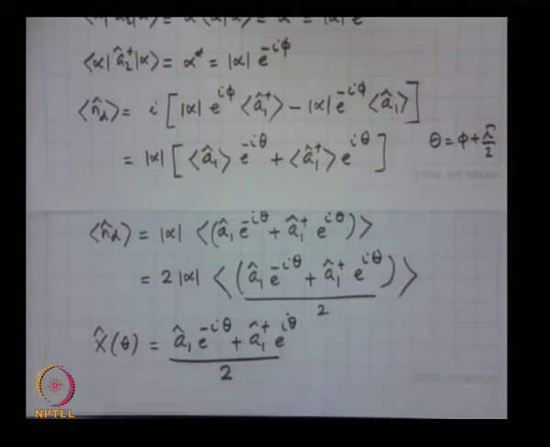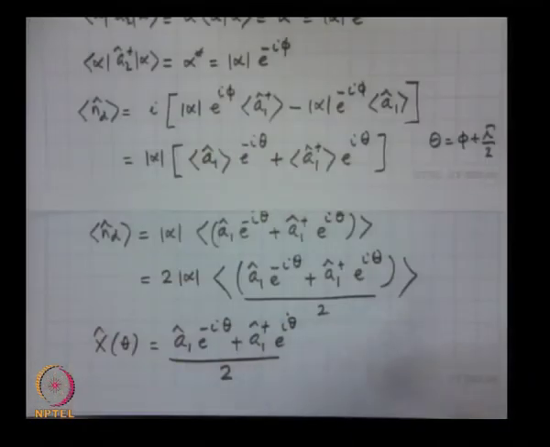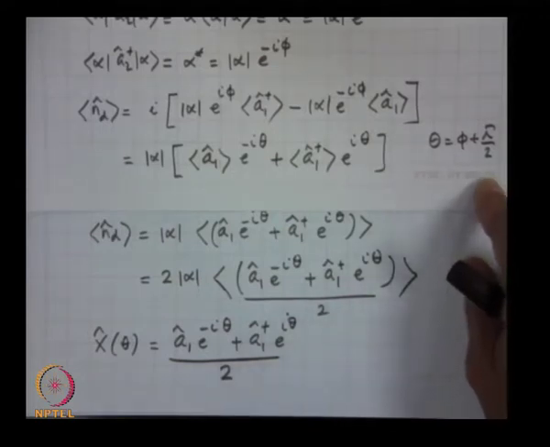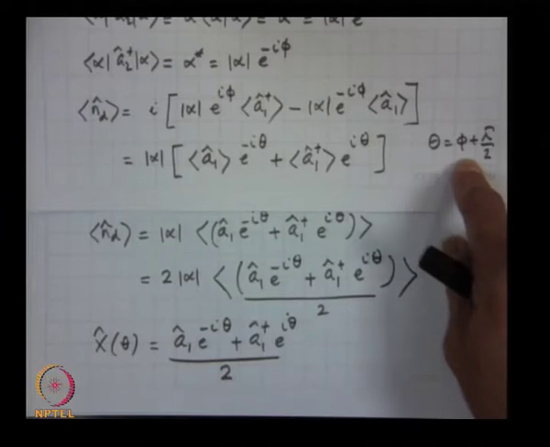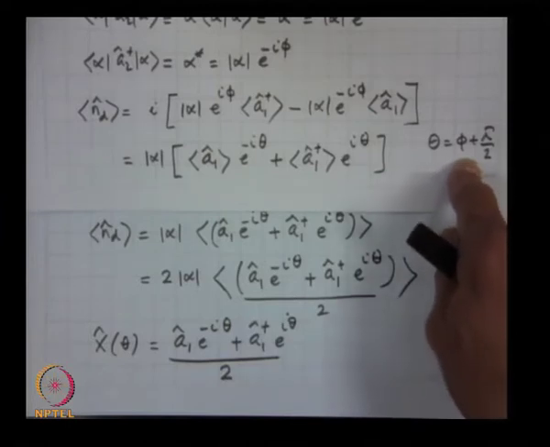So already you see in the detector signal, which is being detected as the difference between N3 and N4, that signal will either give me expectation value of x or expectation value of y, depending on the value of theta I choose. And theta is nothing but phi plus pi by 2. And phi is what? The phase of the coherent state that is coming in arm 2.